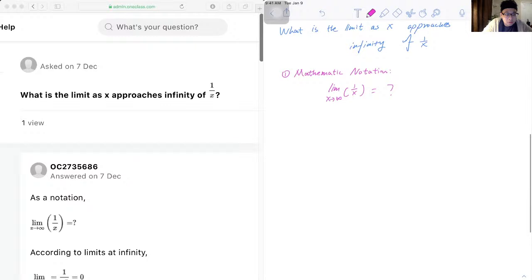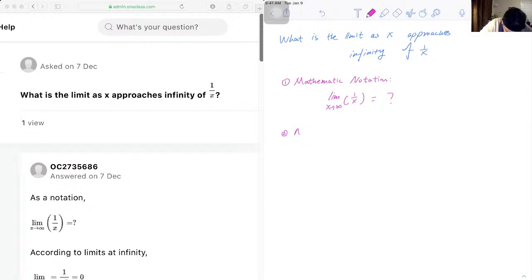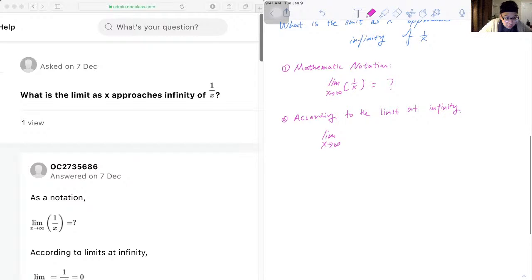And then second, according to the limit at infinity, we know the limit as x approaches positive infinity of 1 over x is equal to 0.